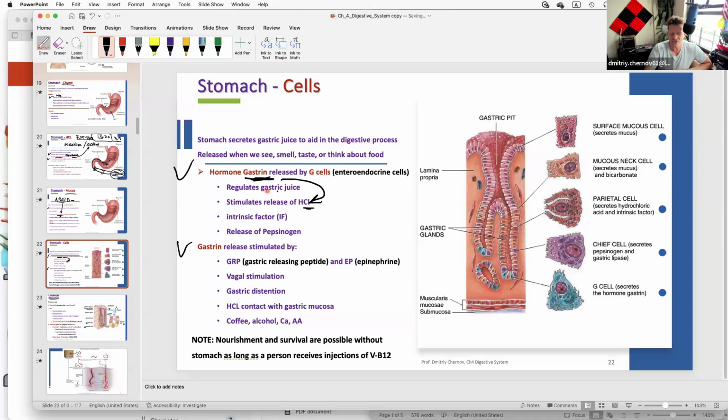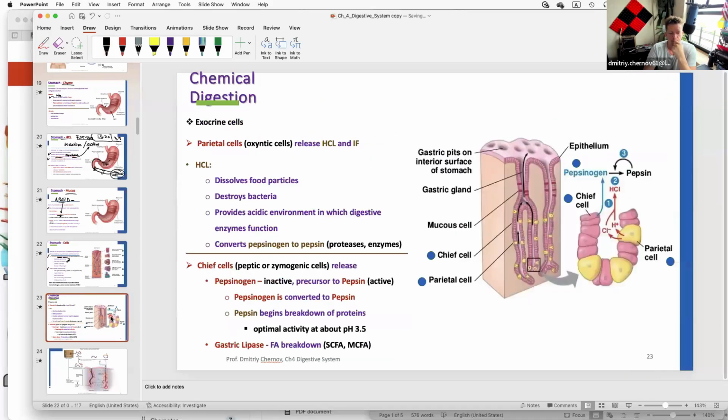Not only gastrin can release hydrochloric acid; there are some other things that can act on these cells to stimulate release. Hydrochloric acid is important for conversion of pepsinogen into pepsin, right? It's a protease, so we can digest proteins within the stomach.